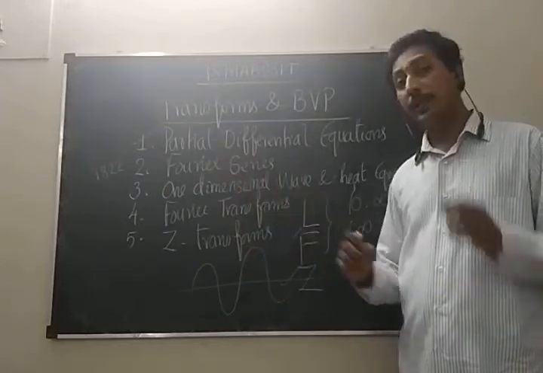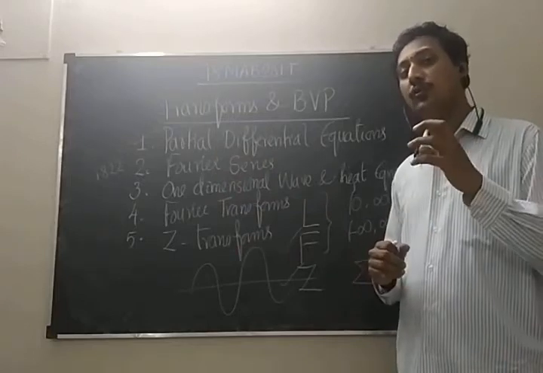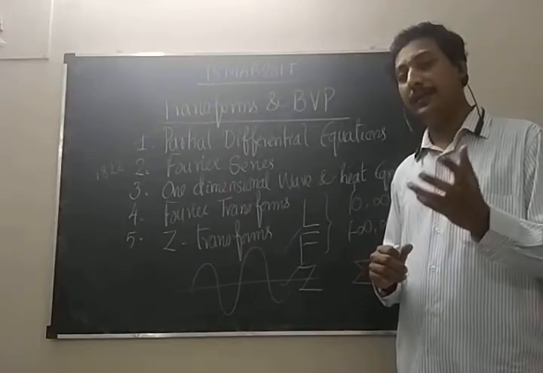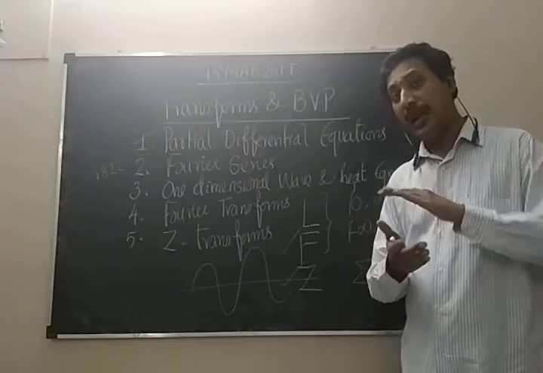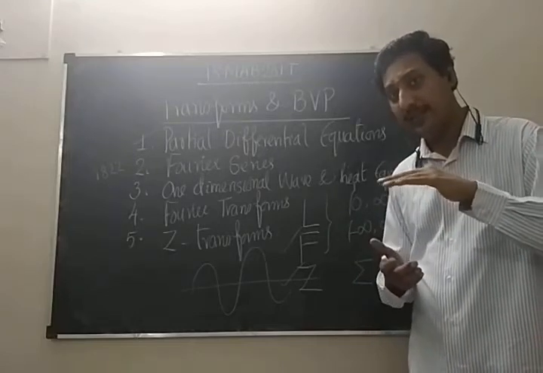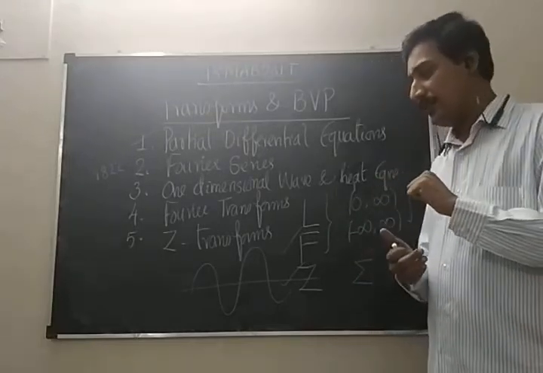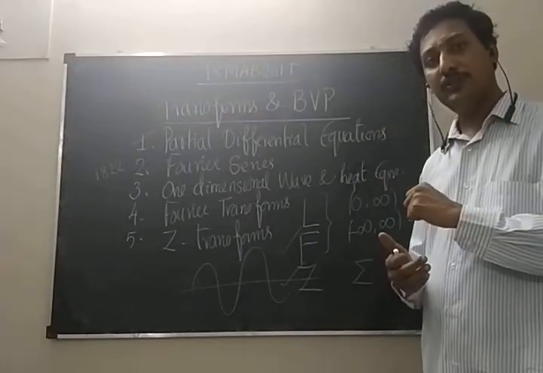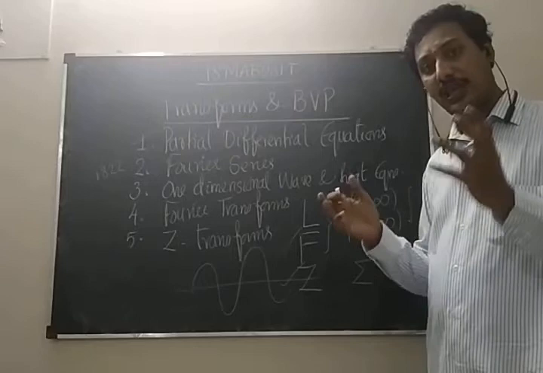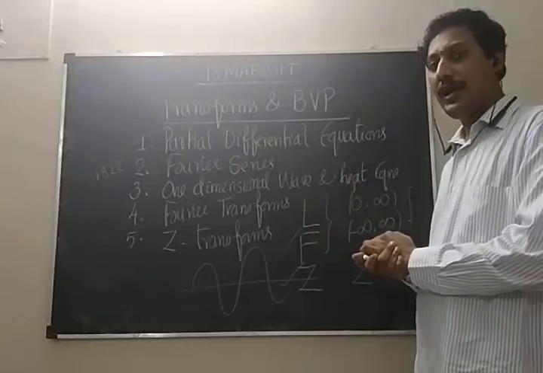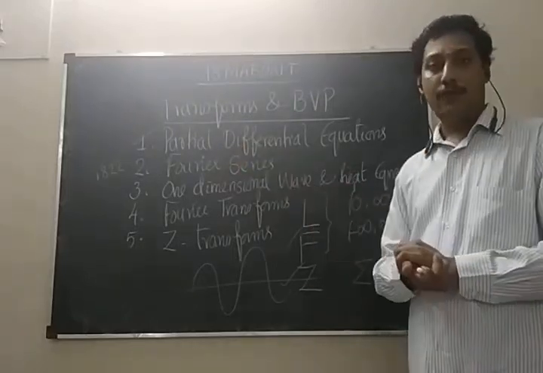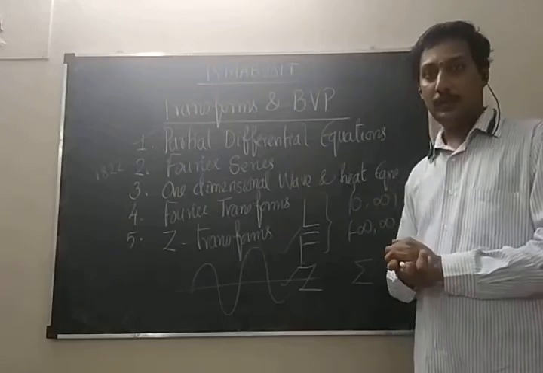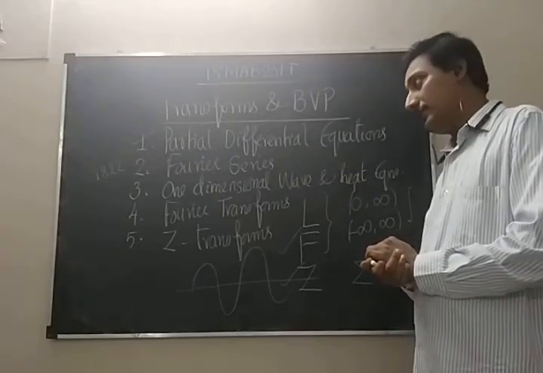So he introduced how to expand or rewrite a function under certain conditions into periodic functions. Later on, the same form came to be called by his name, Fourier series. So that is the actual history behind the Fourier series.